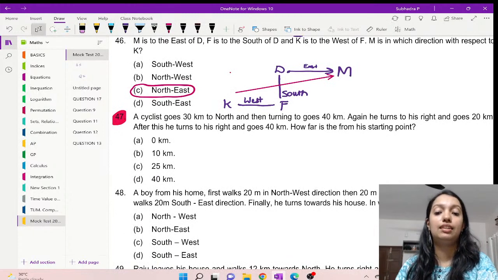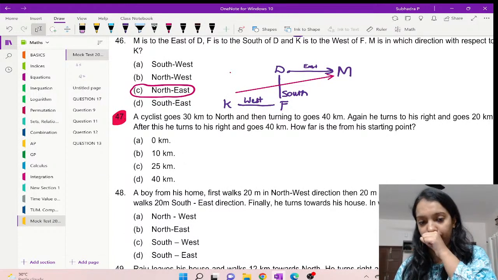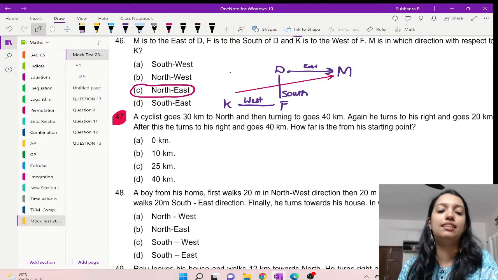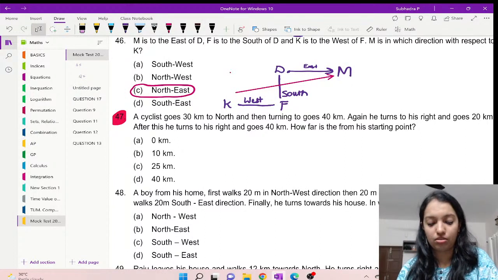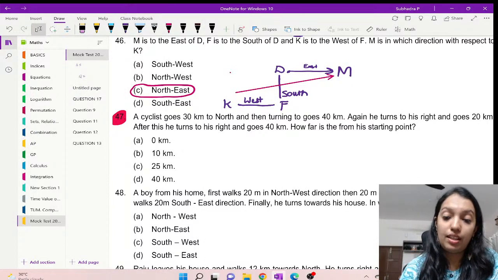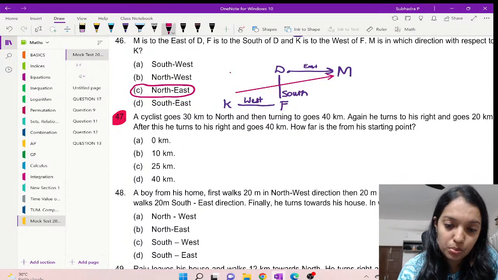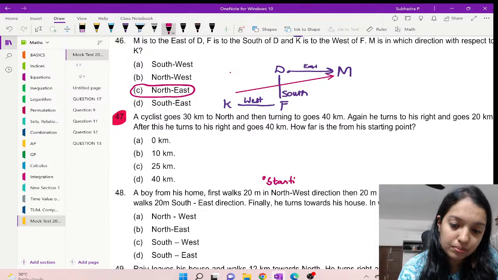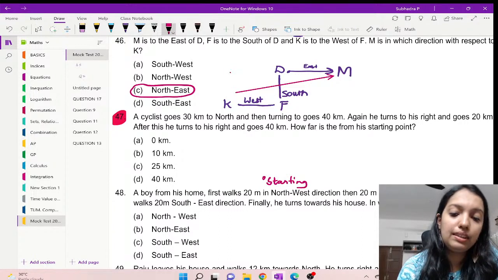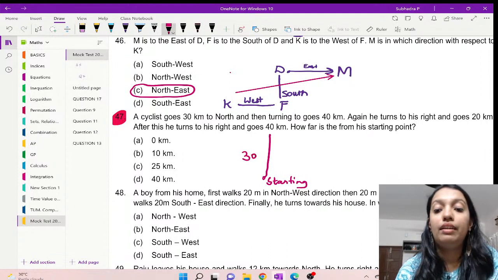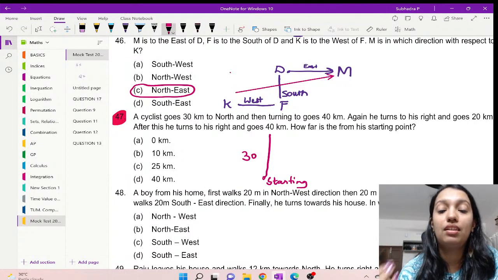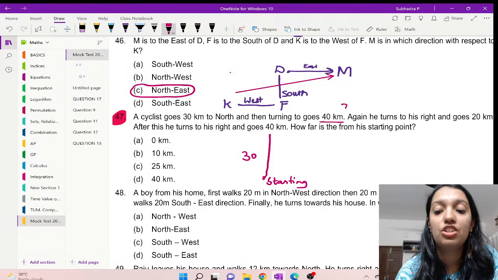47th question, there is a mistake. A cyclist goes 30 km north. Let me start from this point. This is my starting point. He goes 30 kilometers north. Then goes 40 kilometers, but in which direction?